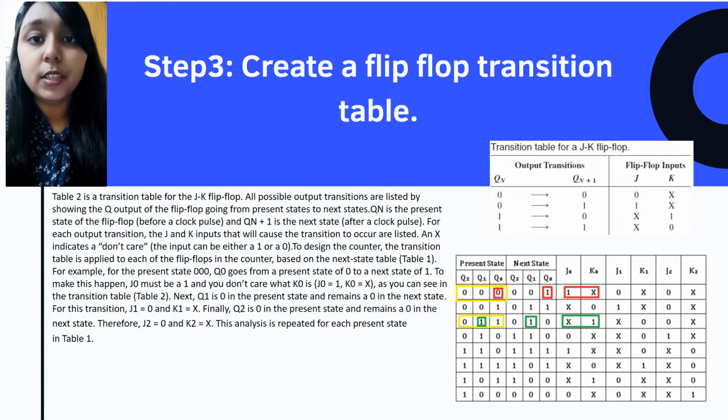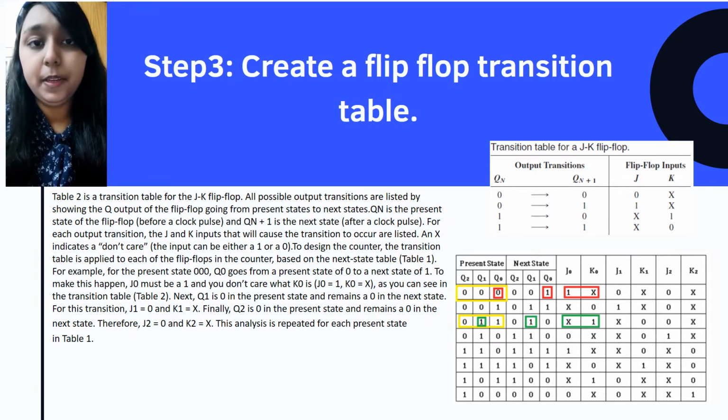The output can be either a 1 or a 0. To design the counter, the transition table is applied to each flip-flop in the counter based on the next state table, Table 1. For example, in the present state 000, Q0 goes from a present state of 0 to the next state of 1.